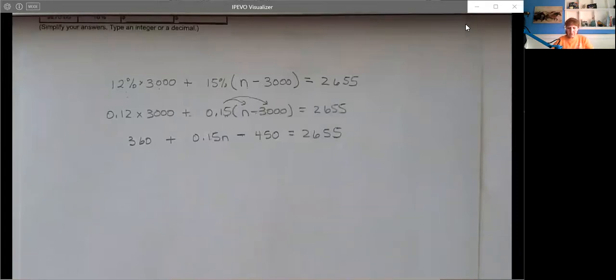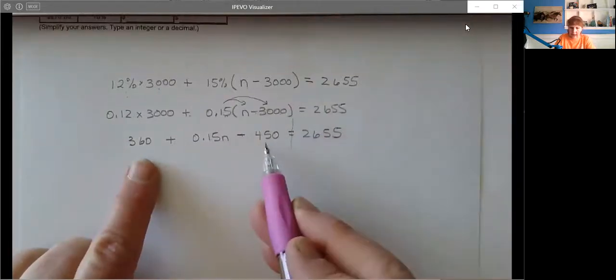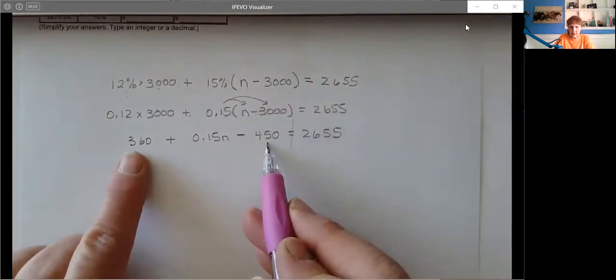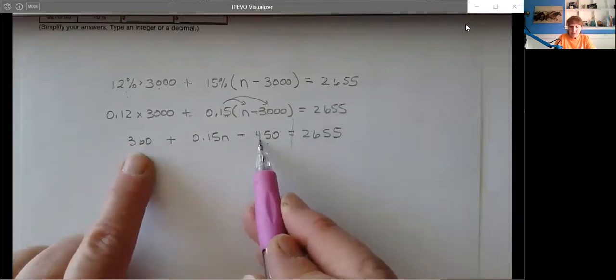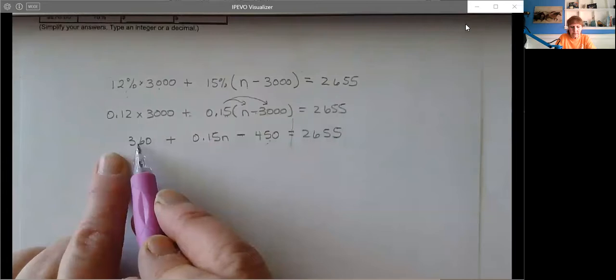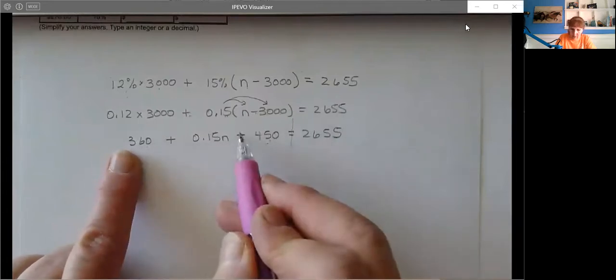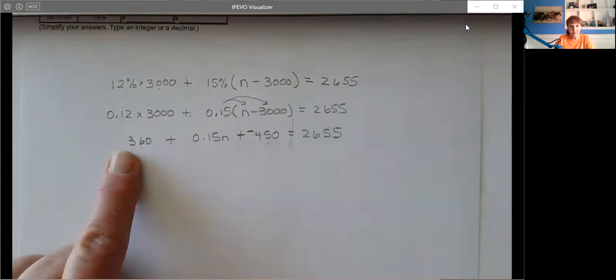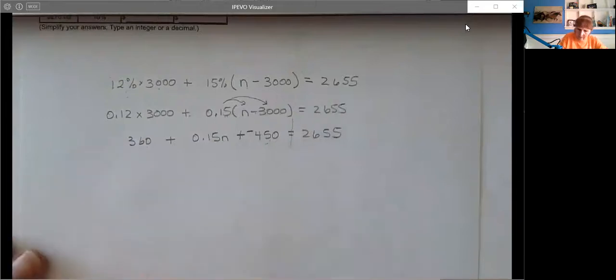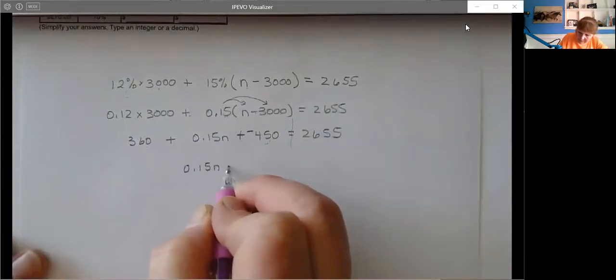Before I start to get the N by itself, over here on the left I have two things I can combine. Neither one of these has an N. So I can take this negative 450 and combine it with this positive 360. If you still want to, you can go plus a negative, if that helps. So we have 0.15 N minus 90.